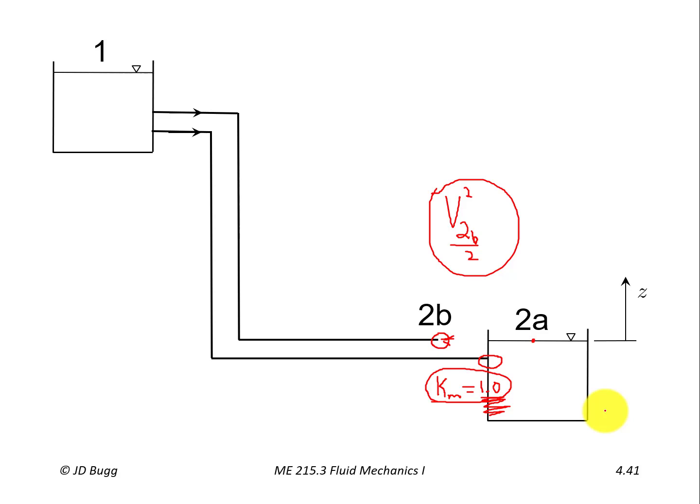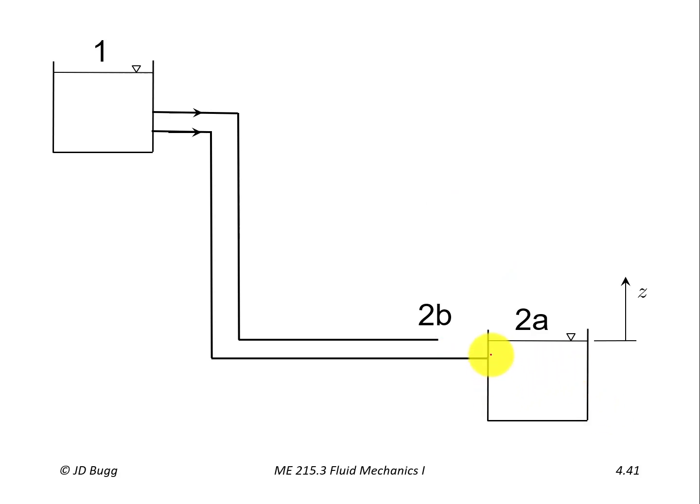And physically, the reason that's happening is this minor loss coefficient is there to account for the fact that as this water enters this reservoir and mixes with this stationary fluid, all of that kinetic energy that it possessed there is lost. It's just dissipated into heat. So that means the minor loss coefficient has to be 1.